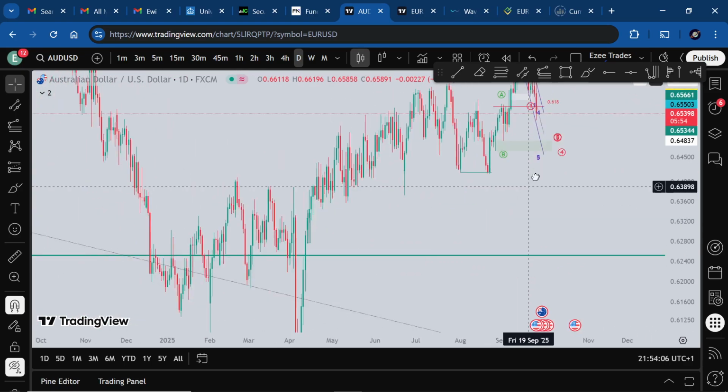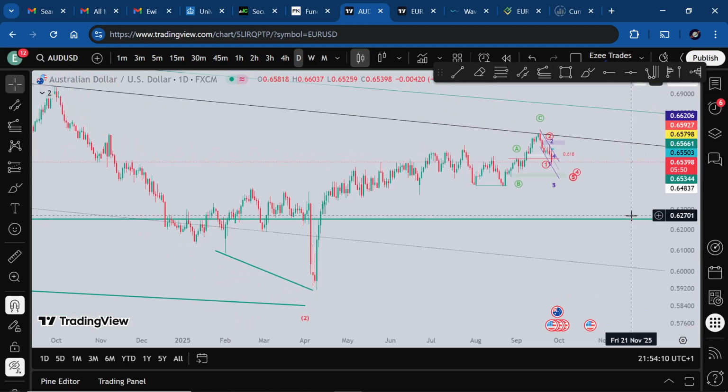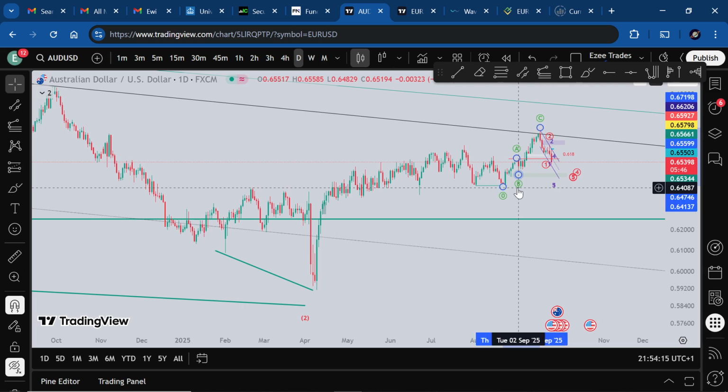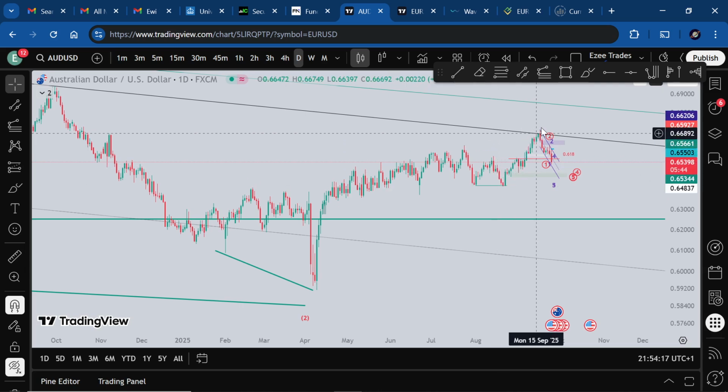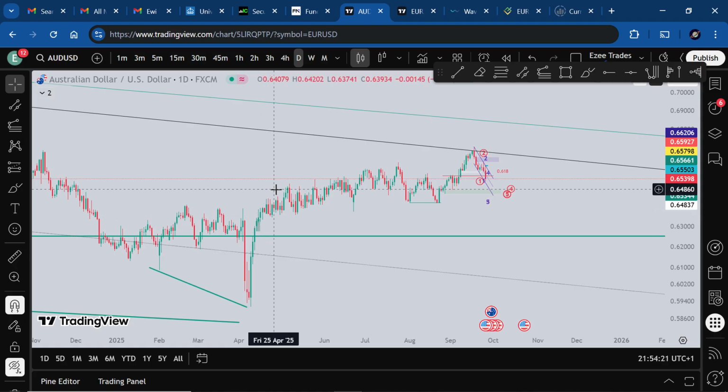okay, this whole big push up that AUD has had, yeah, can be counted as a 1 or an A. All the way up until here is a 1 or an A, okay? So you can go 1, 2, 3, 4, and 5, or you could go 1, 2, 3, 4, and 5.